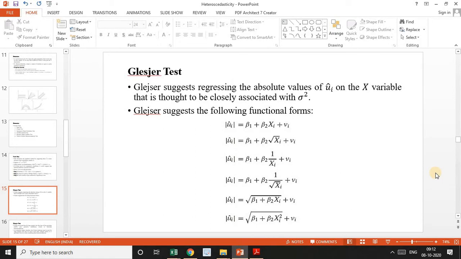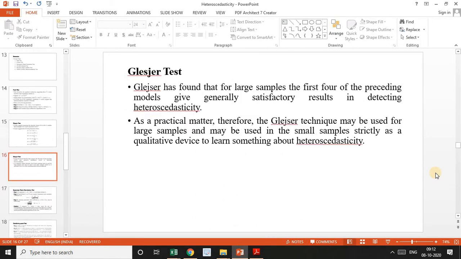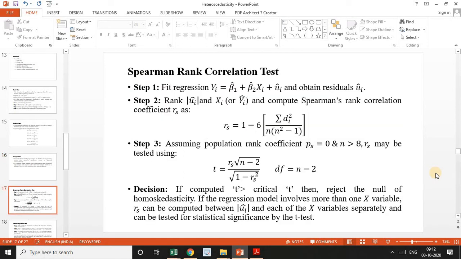Then coming to one more test, called the Spearman rank correlation test. Why do we have different types of tests? Because each test has certain issues.